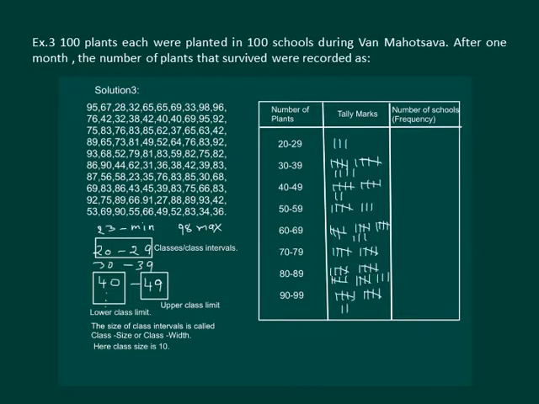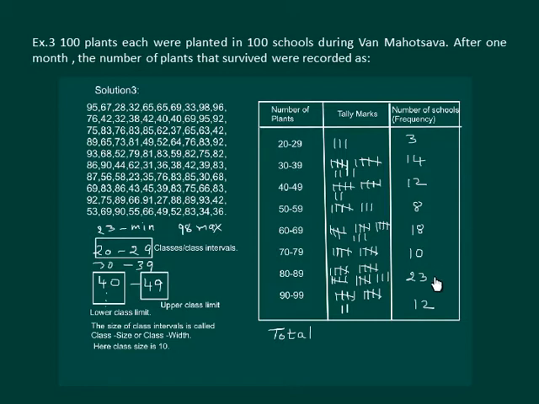It is clear from the tally marks table that in 3 schools out of 100 schools, only plants between 20 to 29 survived. So, the frequency of school lying in this class interval is 3. Likewise, between 30 to 39 is 14.